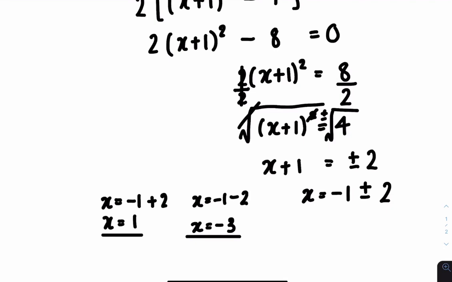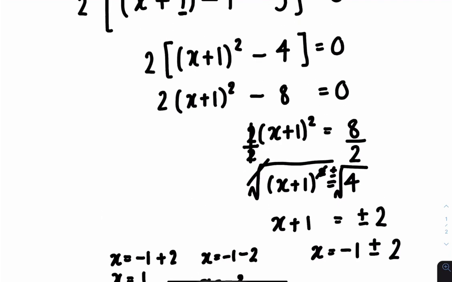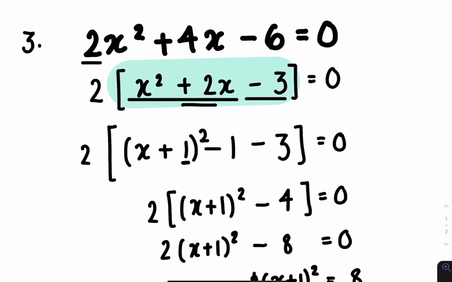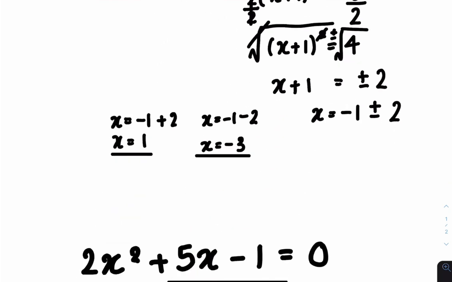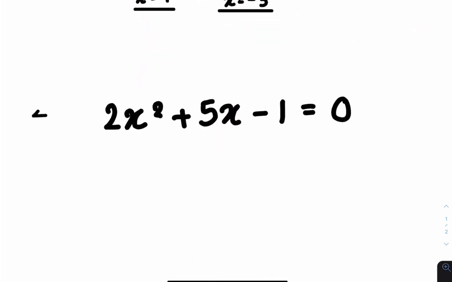I'm now going to go over one additional example that doesn't actually divide as nicely as this one did because we had integer values the whole way through. So let's go to example 4. Here we have 2x squared plus 5x minus 1 equals 0. So again, you want to factor out that coefficient of x squared, which in this case again is 2.